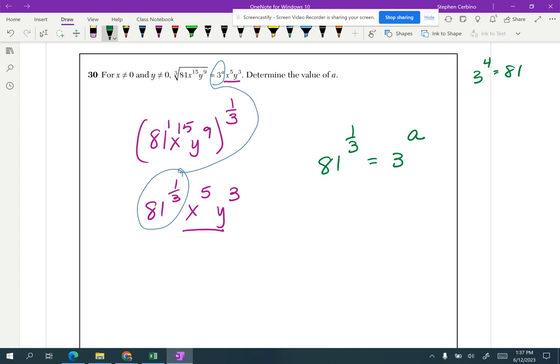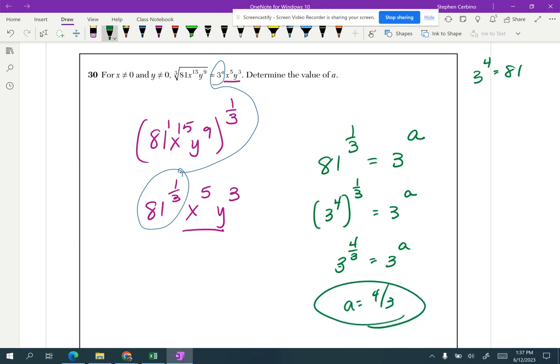So 3 to the 4th can replace 81, and 3 to the 4th to the 1/3 is equal to 3 to the A. Then using the power to power rule again, I can multiply 4 and 1/3 and get 4/3 is equal to A. That'd be the easiest way to do that one.